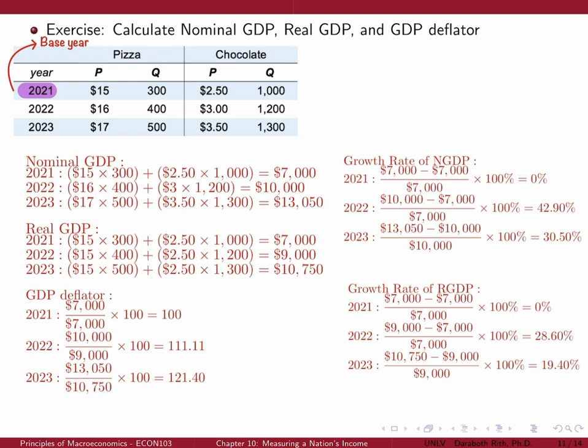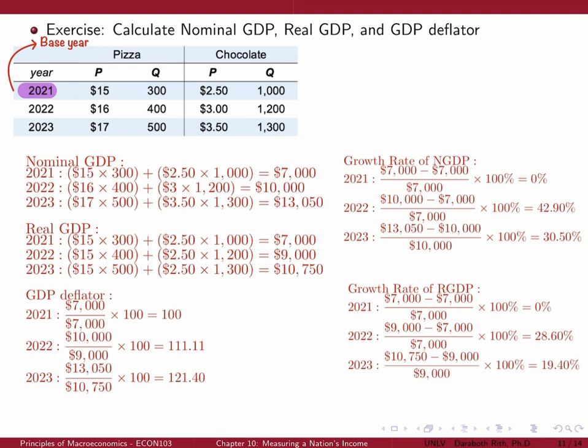For year 2022, nominal GDP is $10,000. Real GDP is $9,000. GDP deflator, so you take $10,000 divided by $9,000 times 100. That equals 111.11. For year 2023, nominal GDP is $13,050. Real GDP is $10,750.